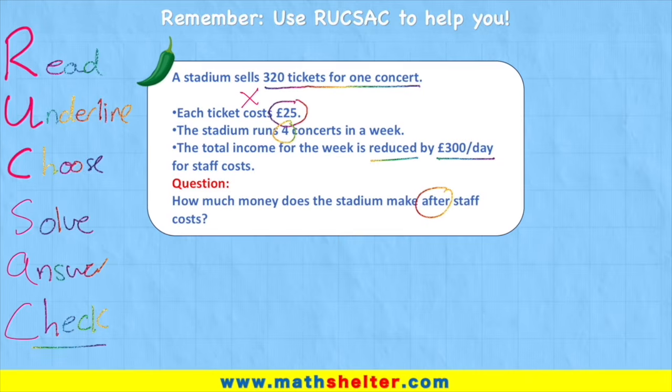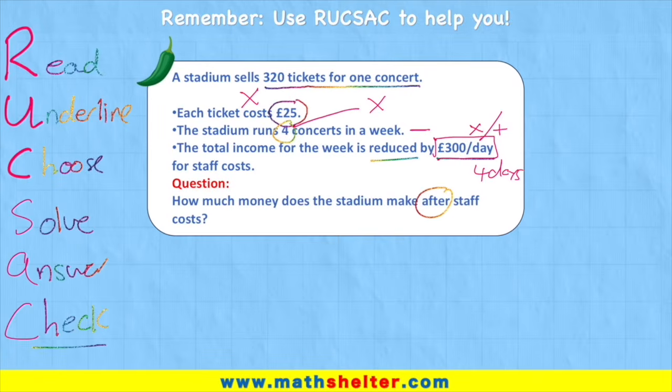The stadium runs 4 concerts in a week. So again, we're going to use multiplication here to times it by 4. And the total income for the week is reduced by £300 a day. So we're going to be using subtraction, but also a little bit of multiplication or addition here because we've got £300 a day and there's 4 days. So we're making a few notes as we're going along as well.